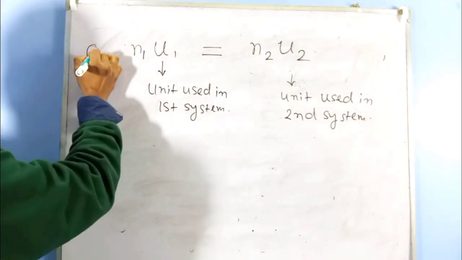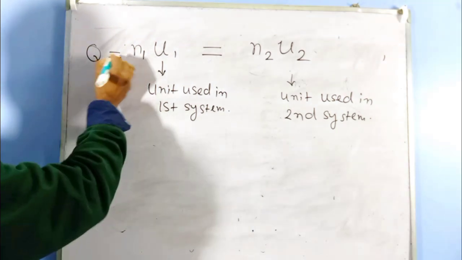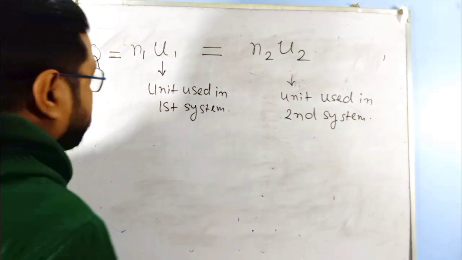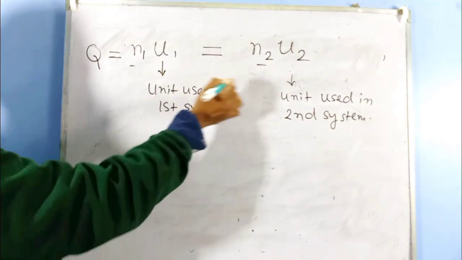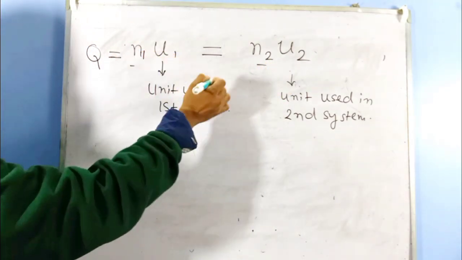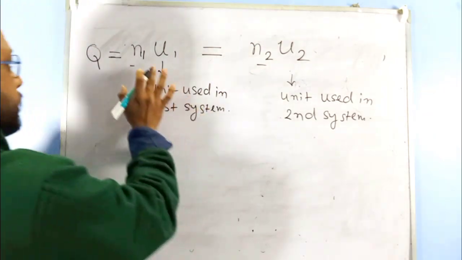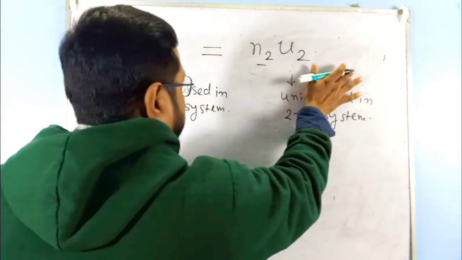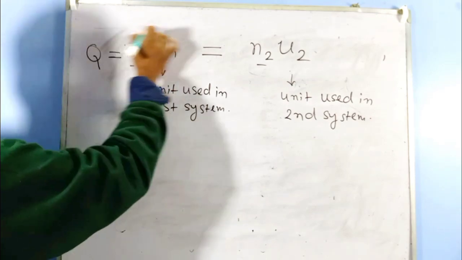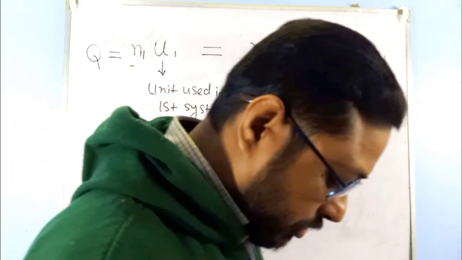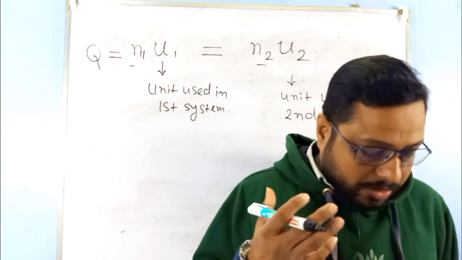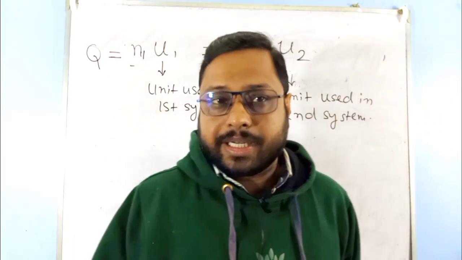This belongs to a certain physical quantity, suppose Q. So the value and the unit used in the two different systems are N1 U1 and N2 U2, and these must be equal. This is the basic formula to convert the numerical value of a physical quantity to another unit.